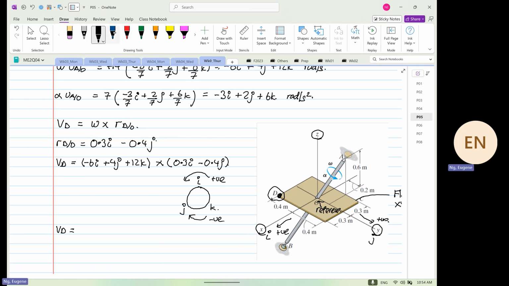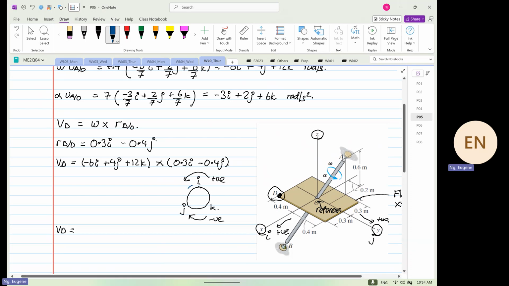I cross I is equal to 0. I cross J is going to be positive. Then you put the bracket, minus 6 multiplied by minus 0.4, and you know that this is equal to K. Is that clear?